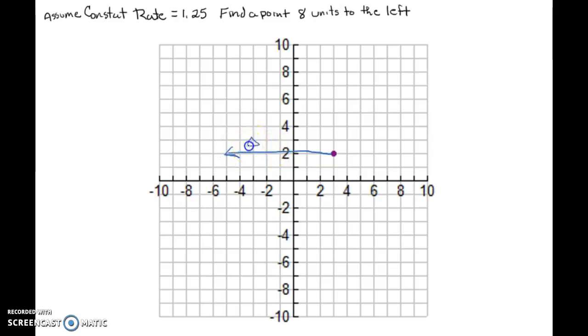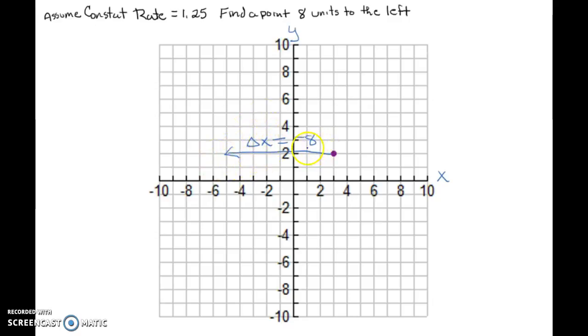So that change in the horizontal units, the change in x, if we're going to use x and y in this particular case, is 8 units, but it's negative because we're going in a negative direction. We use the arrows to indicate which way.